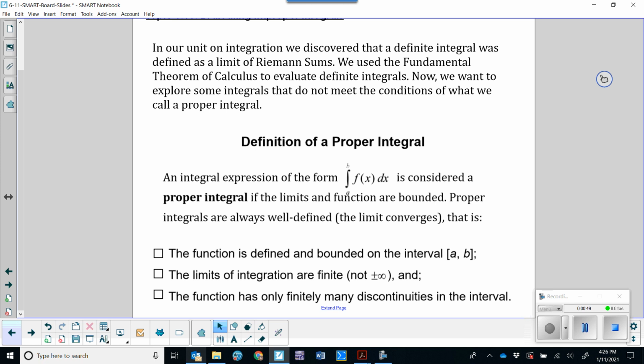But now we're going to learn that sometimes you're going to have to verify that there's not a discontinuity inside the interval, either on an endpoint or in between A and B. And it'll be really obvious that it's improper if there's an infinity symbol as A or B. So to be bounded, or a proper integral, means that from A to B is defined and bounded, the limits of integration are not infinite, and there are only finitely many discontinuities in the interval, meaning there's just like a point that's missing or something.